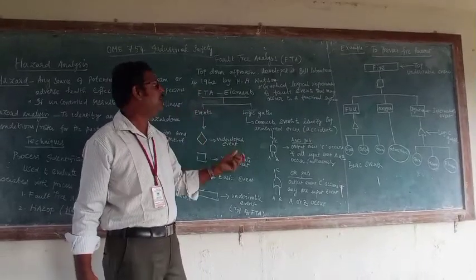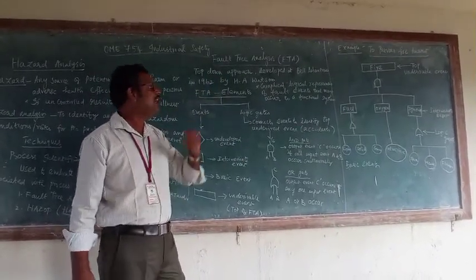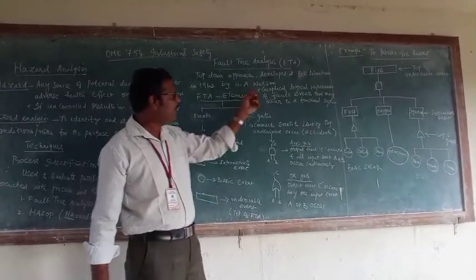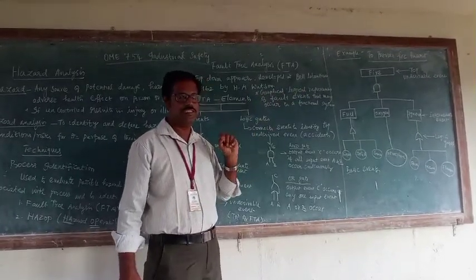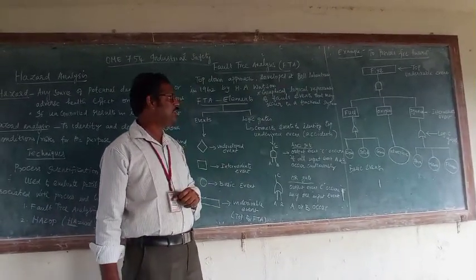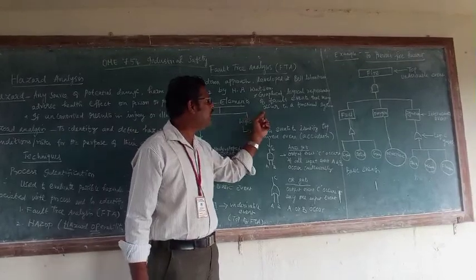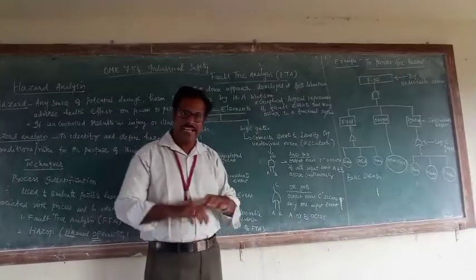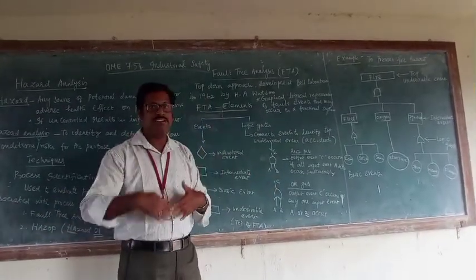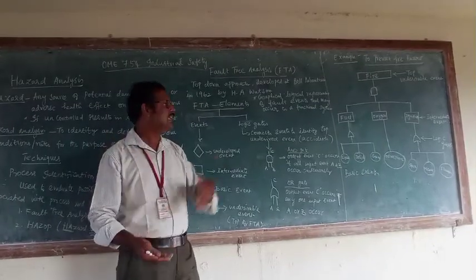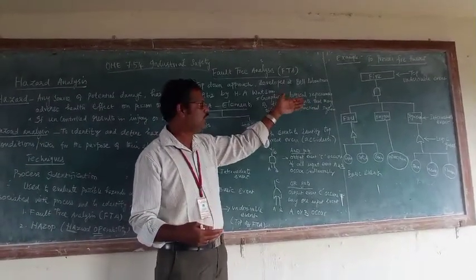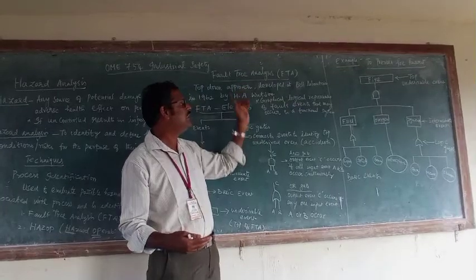He formulated this fault tree analysis, which is a graphical logical representation of fault events that may occur in a functional system. The events that create a hazard can be modeled and analyzed using this method.